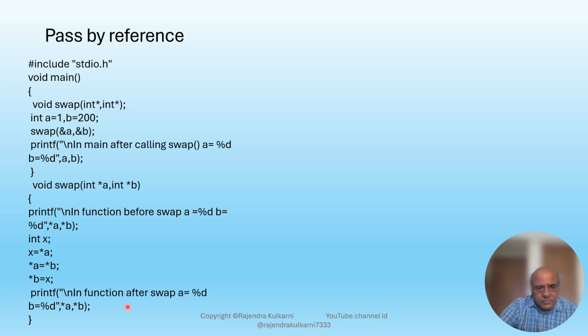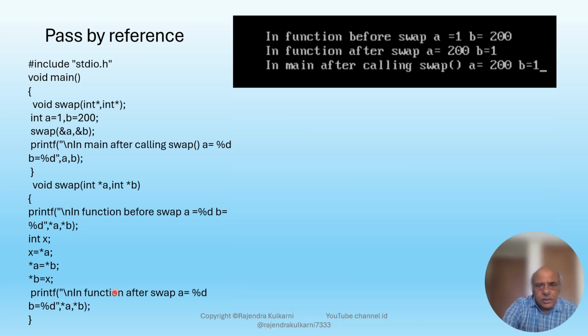Then a printf statement shows us the resultant values after the swap has taken place, and this is the screenshot of the output screen when I ran this program. In function before swap, a is equal to 1, b is equal to 200. This is the printf statement which is giving us this output. In function after swap, a is equal to 200.